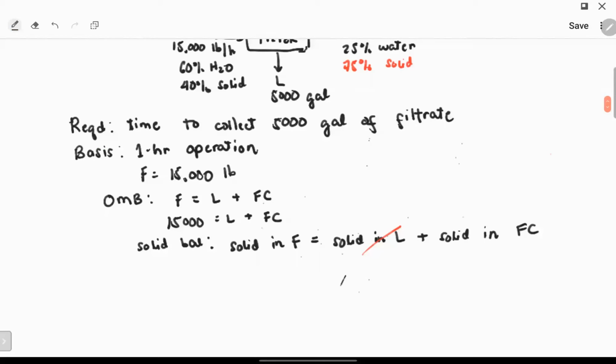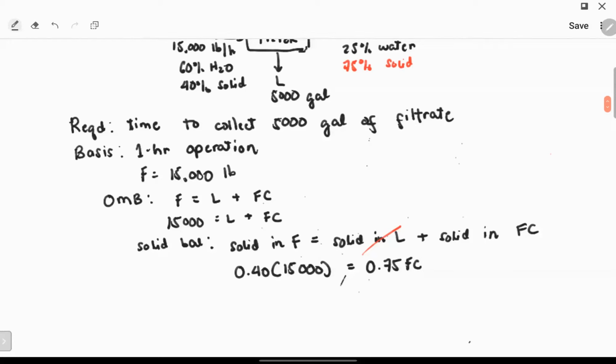Okay. But we know how much in terms of percent yung solid sa F. That's 40%, right? 40% of F. But F is 15,000 equals what? Solid in FC. We know that to be 0.75 times FC. We don't know what FC is yet, yung amount niya.